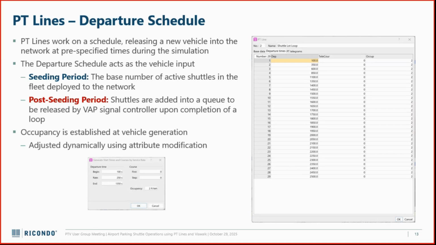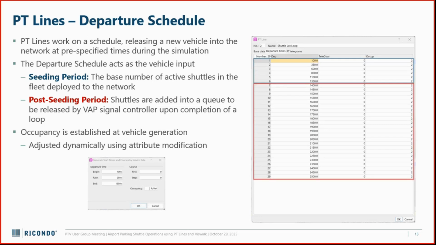In this case, we split the departure schedule into 2 different sections. One was the seating period, in which we set the base number of active shuttles in the shuttle operation to be deployed to the network. In this case, we had 6 to achieve a typical headway of around 3.5 to 4 minutes. And then after that, we have the post-seating period.